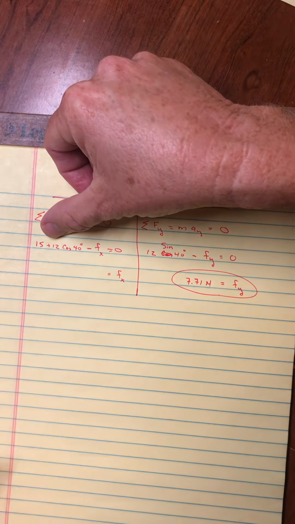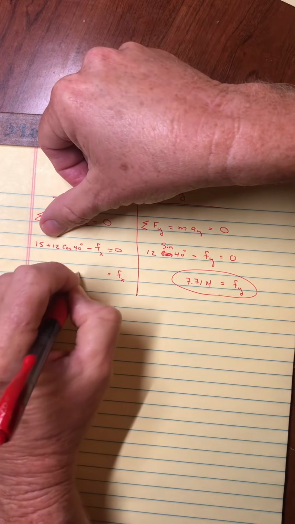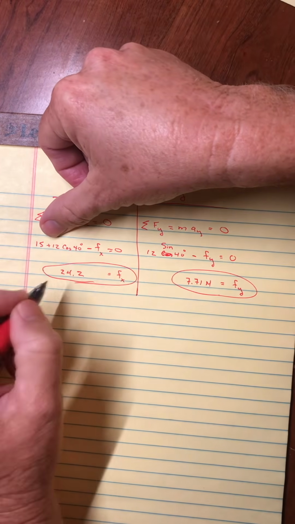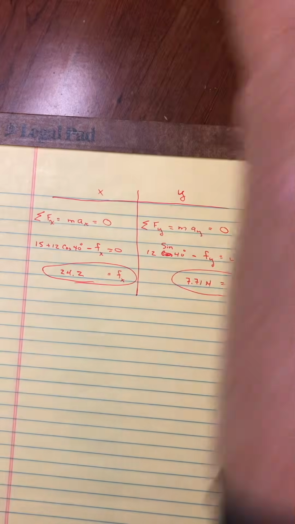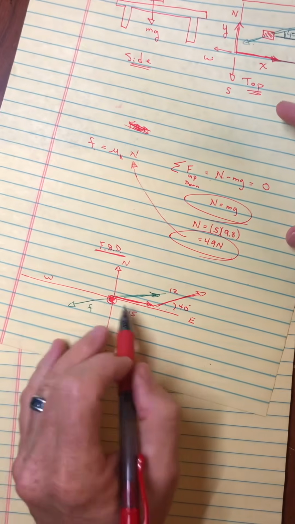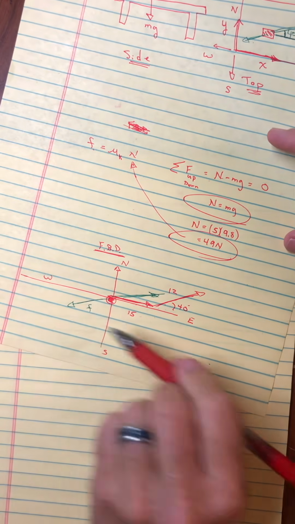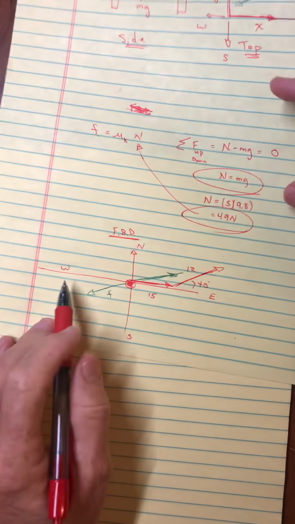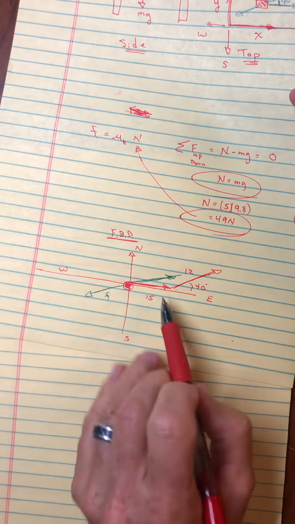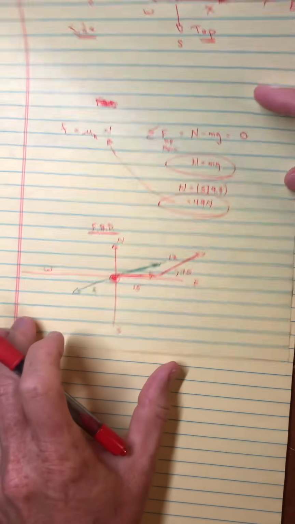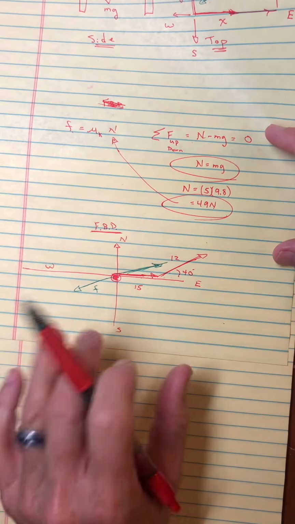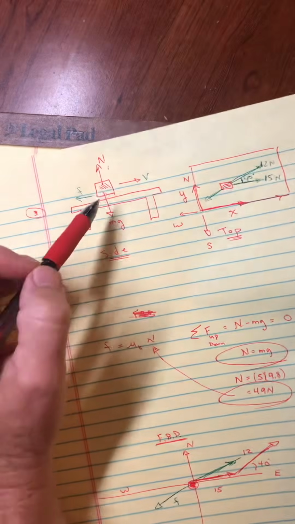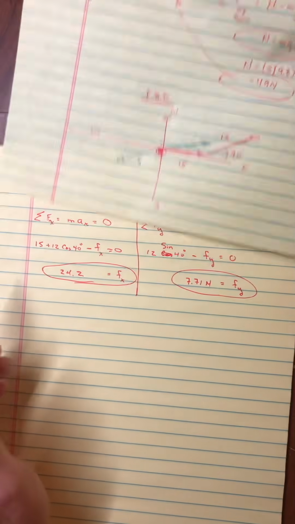And so this would be 24.2. So it kind of makes sense. I'll say it again. We should have most of the friction in the negative x direction and a little bit in the negative y direction to oppose the two horizontal forces. The big thing is just don't confuse up with north.